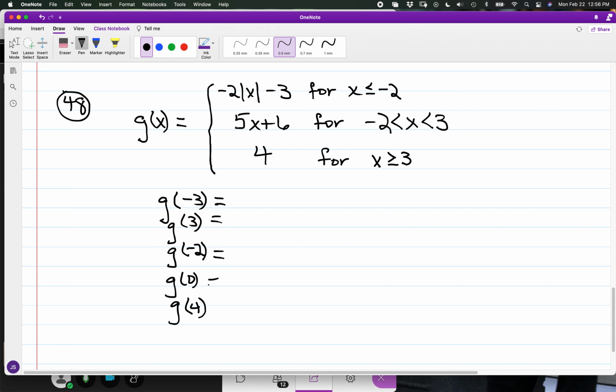In terms of which of these three functional parts to work with, this will be contingent upon where the inputs each belong. So for -3, -3 is already less than -2.